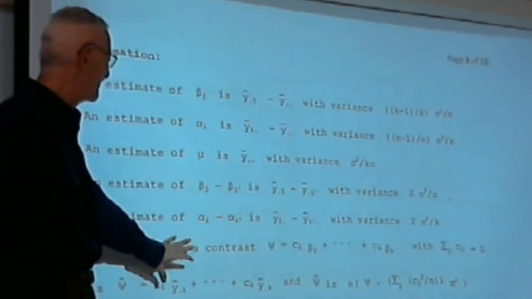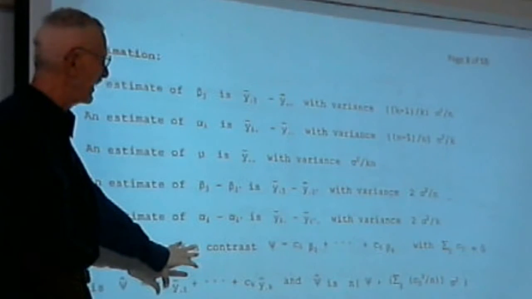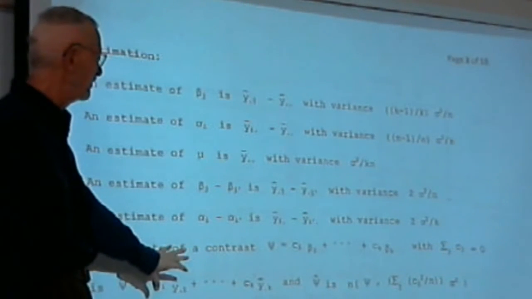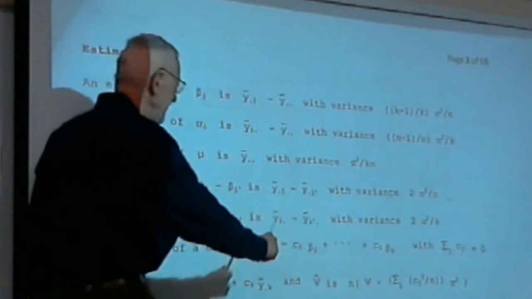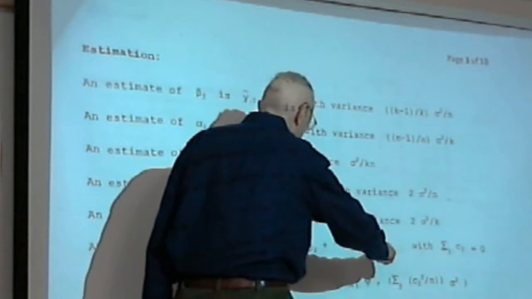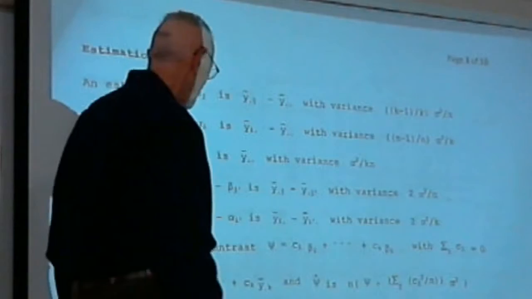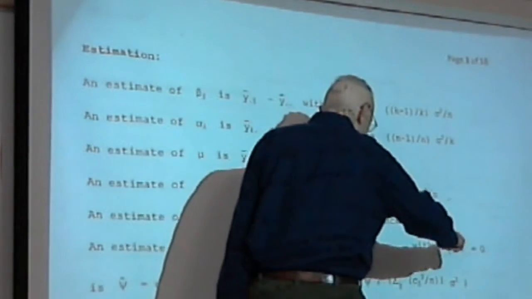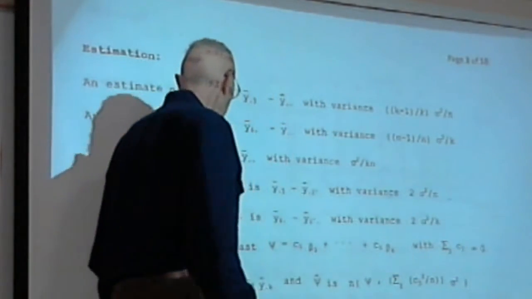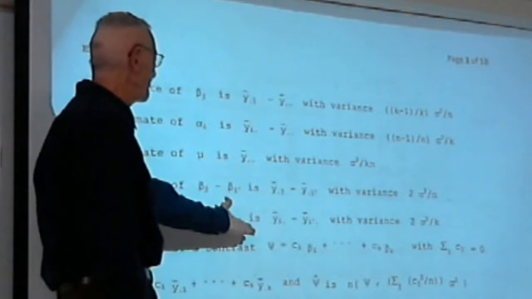The last thing here is sometimes we're interested in a contrast, something fancier than a simple difference. So here's a general contrast in the betas with coefficients called C's. To be a contrast, the sum of the C's has to be 0. So what's the estimate of this thing?